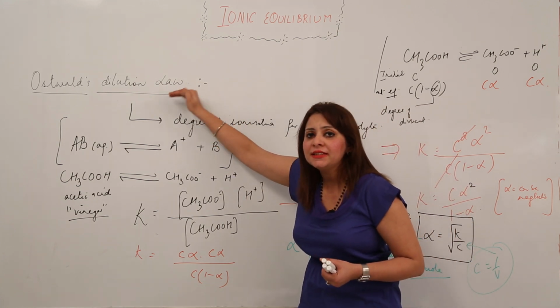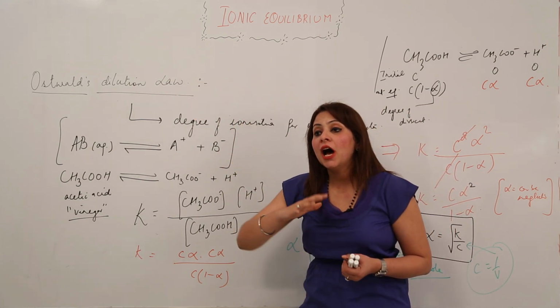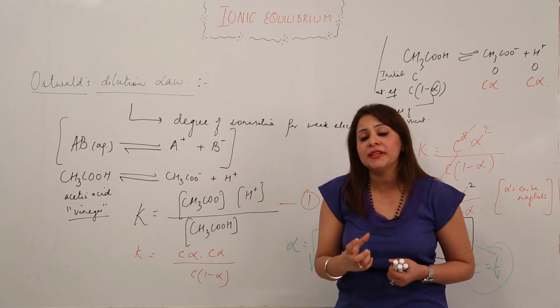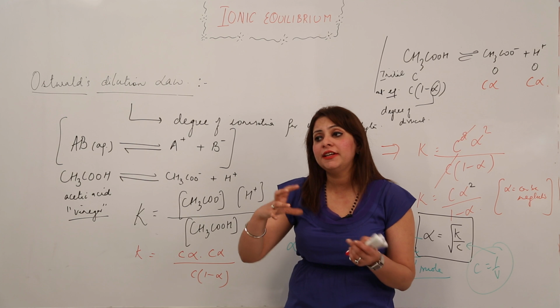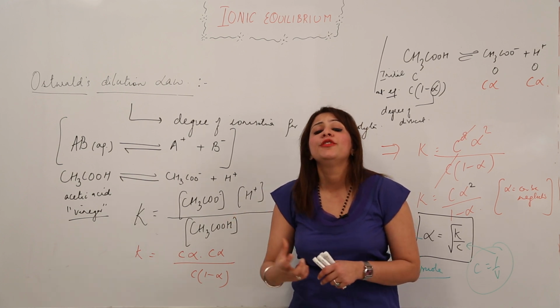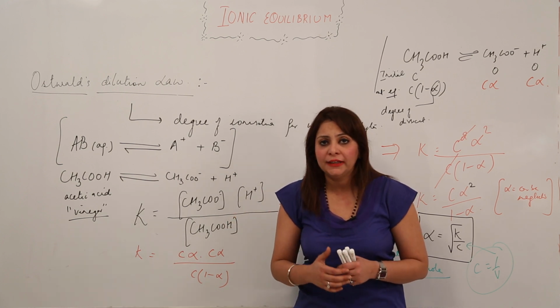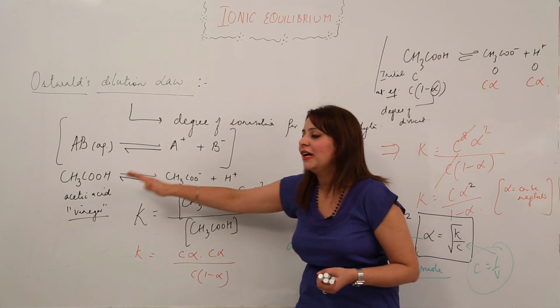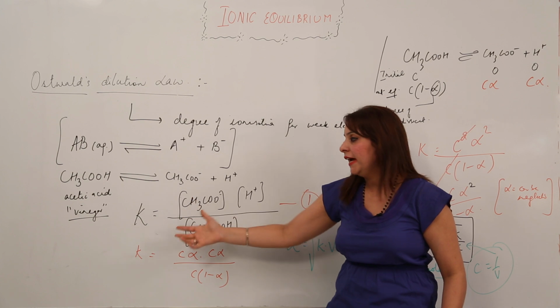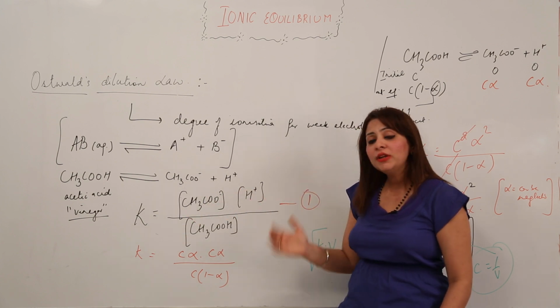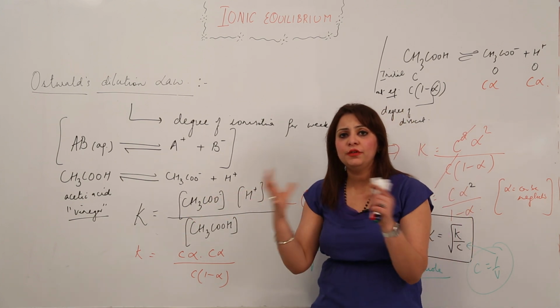Once again, just look at the board. This law is stated to tell how a weak electrolyte gets dissociated, that is, the extent of dissociation or the extent of ions formed in the case of a weak electrolyte. I take any weak electrolyte on the left side, put a reversible sign and make the ions, since you know that in a weak electrolyte we have a reversible process.